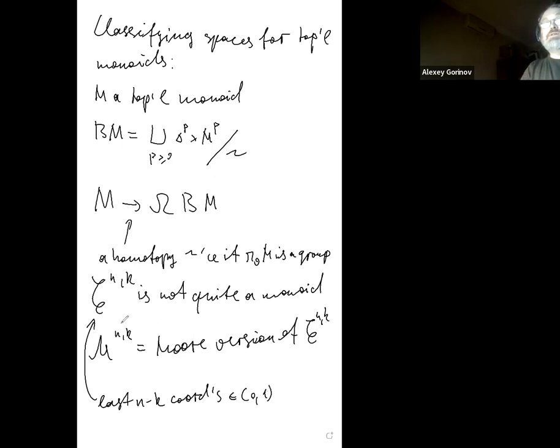Now, is C_{n,k} a monoid? Well, not quite.